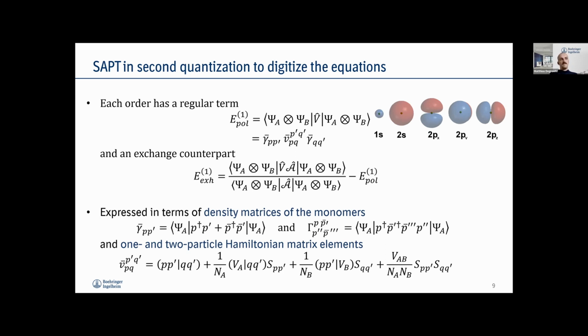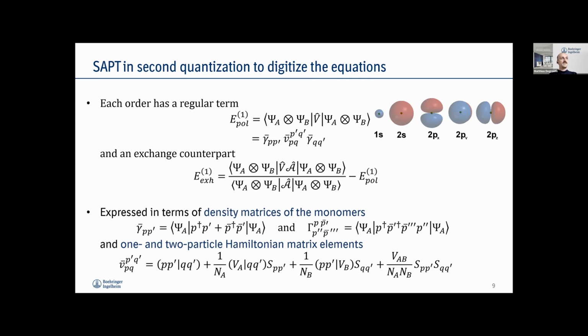For example, I've put the first order exchange term here as well, and I didn't expand it. It's more complicated. I think you have 5 terms, and it also turns out that the expression in terms of matrix elements is harder. You now, instead of only having the single particle density matrix, also need the 2 particle density matrix.